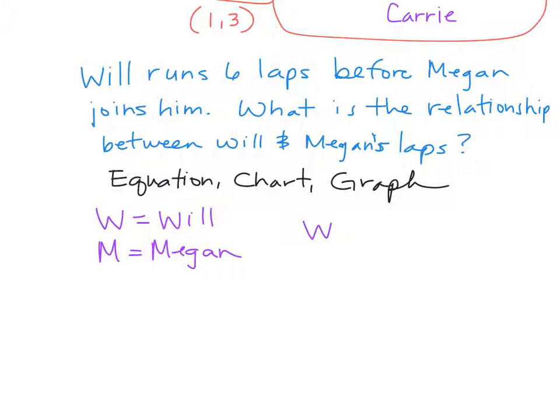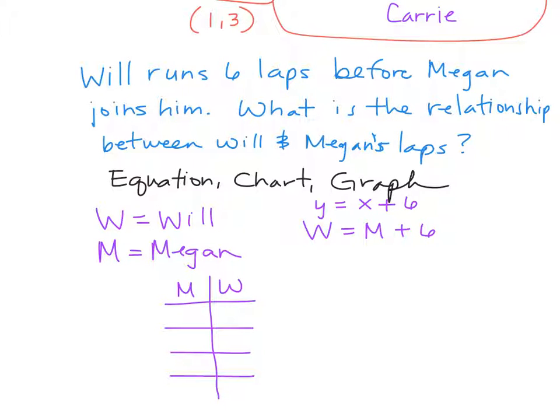So your equation will be W equals Megan plus 6, okay? So if you think of it in terms of X and Y, it would look something like this. Y equals X plus 6. So X is going to be our Megan, and Y is going to be our Will. And now you can make a chart from that.